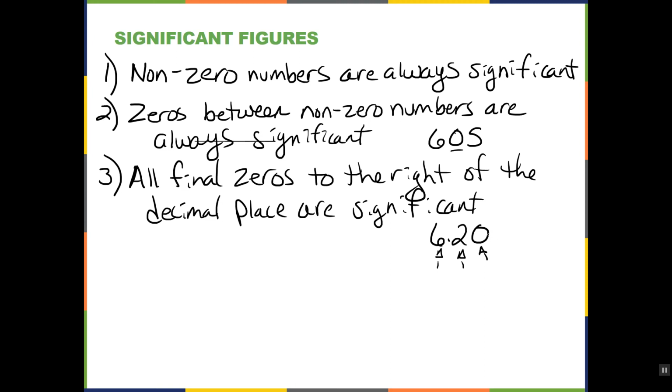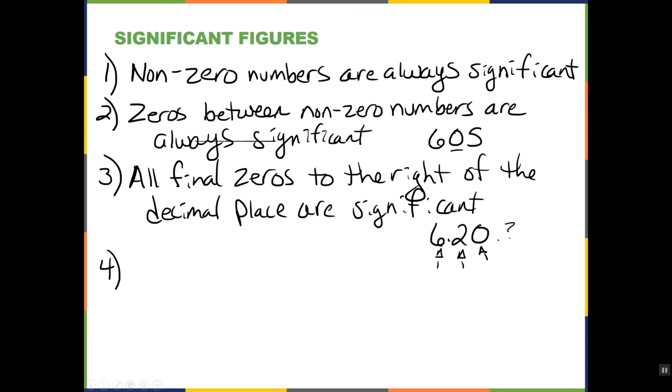We know that 2 is significant and that we're pretty darn close with that 0. Of course, the last value is always a little bit questionable, but we know it's probably like 6.19 or 6.21. So we're saying this one's a little bit uncertain, but it's significant. Or we're accurate to that value, 6.20 exactly. In either case, if it's a 0 to the right of the decimal, we're going to call it significant. It's going to be an important value.